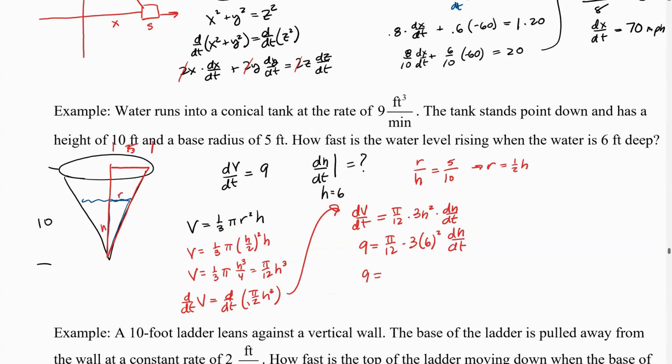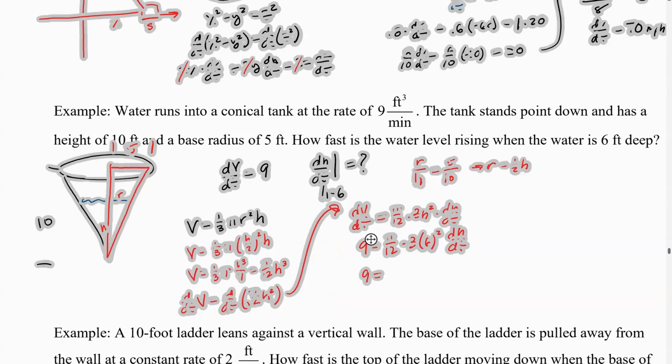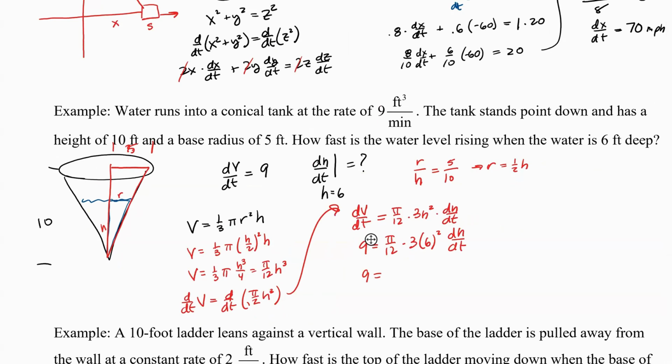6 squared is 36, times 3, that's 108. So 108 over 12 times pi dh/dt. Pretty sure that 12 goes evenly into 108, 9 times.